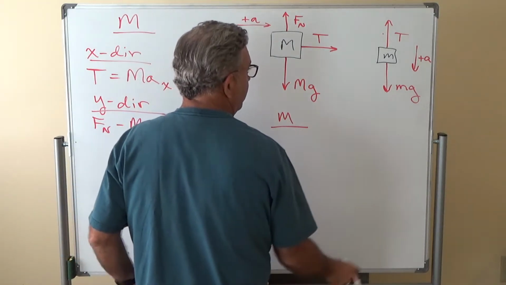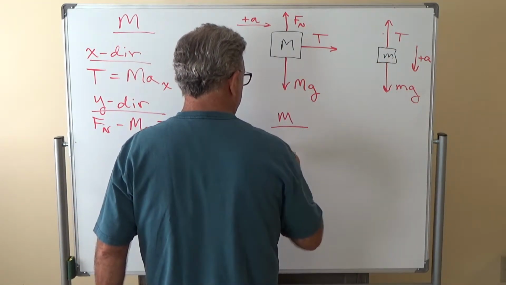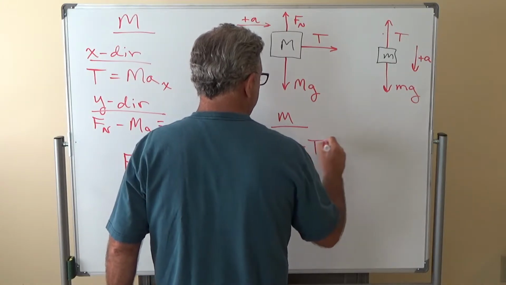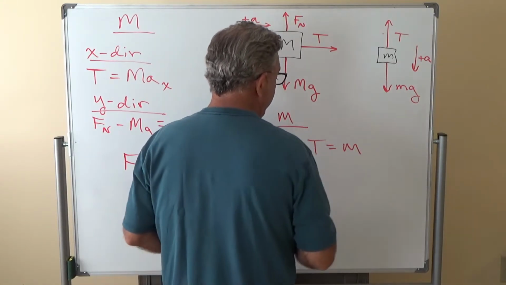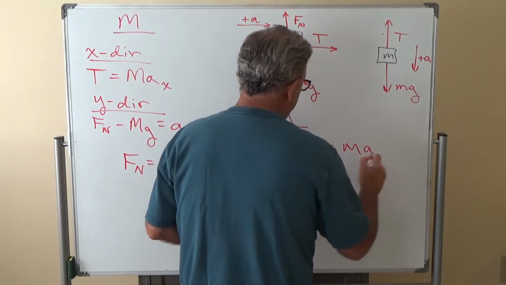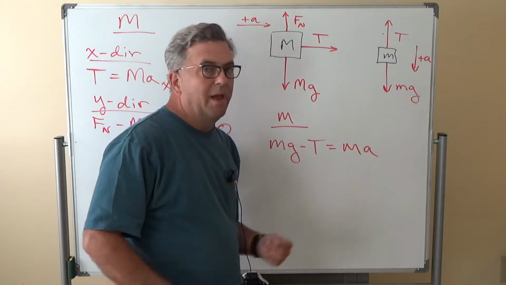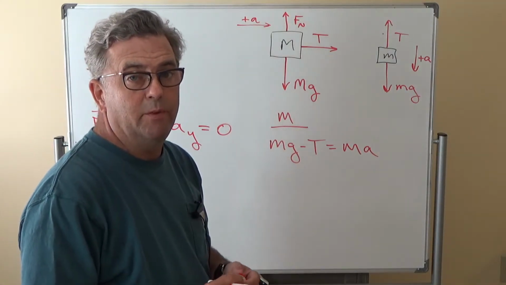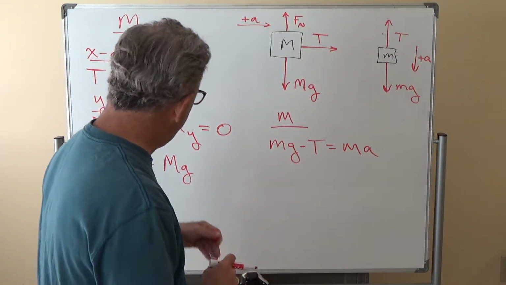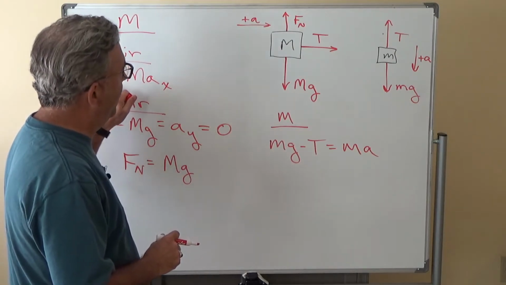and say that mg minus T is equal to ma. This is what we always do. The forces are equal to ma, the sum of the forces. This one I've already got set up.